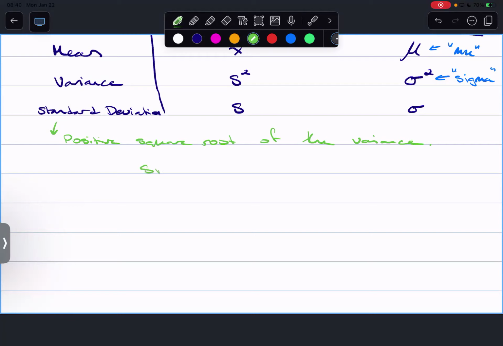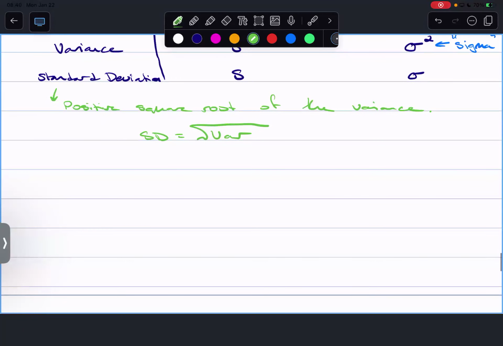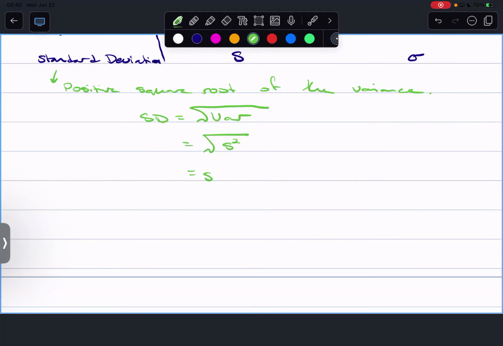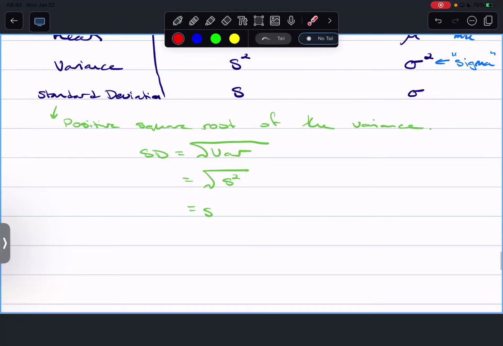So the standard deviation is the square root of the variance, which means that the square root of s squared, for example, is just s, the positive square root. When we're writing about the standard deviation, usually we use SD, whereas the notation used in a calculation is a lowercase s.